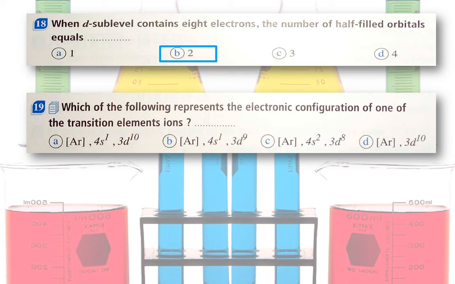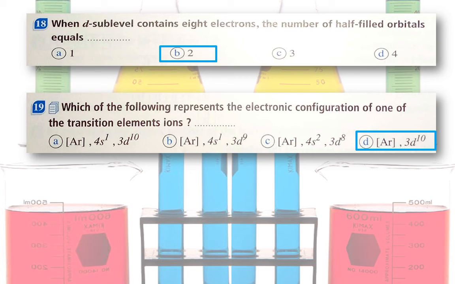Another question, which of the following represents the electronic configuration of one of the transition element ions? Okay, here we have a transition element. Which one? We said that we have the 4s orbital. Here we have argon 3d10.